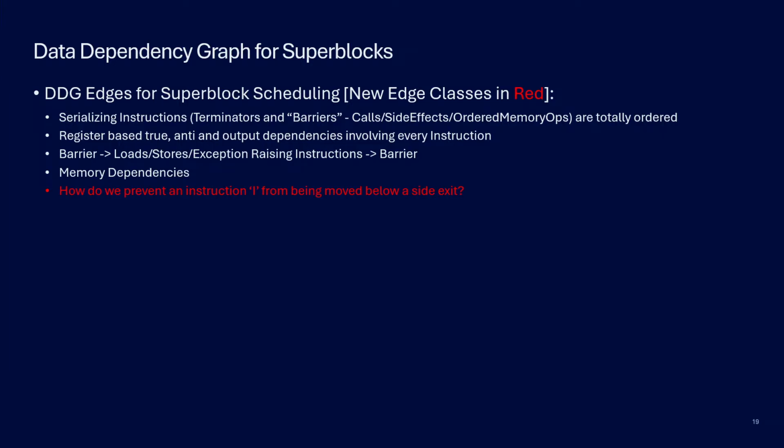Let's call this node A, and node B. What is it that we don't want to do? We don't want to schedule B before A. We shouldn't schedule this instruction before this instruction. So what should we do?